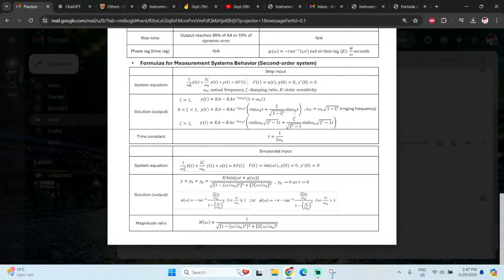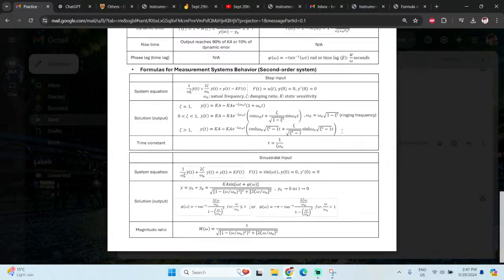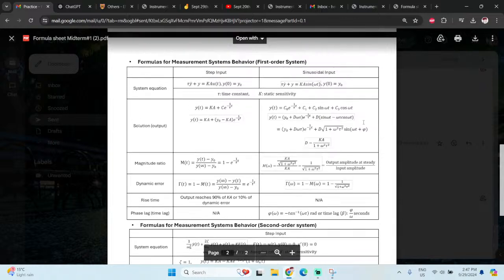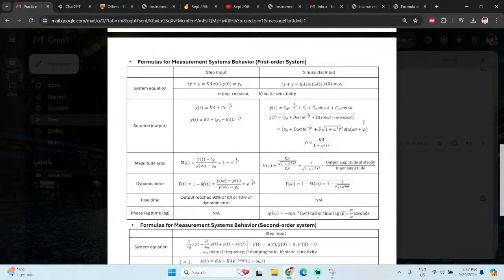Yeah, tau t. Okay, okay. I think you can use this magnitude ratio. I think there is nothing different than that. It's mentioned: 10% of dynamic error. Yeah. So basically, you can use this one. What we are doing. Yeah.